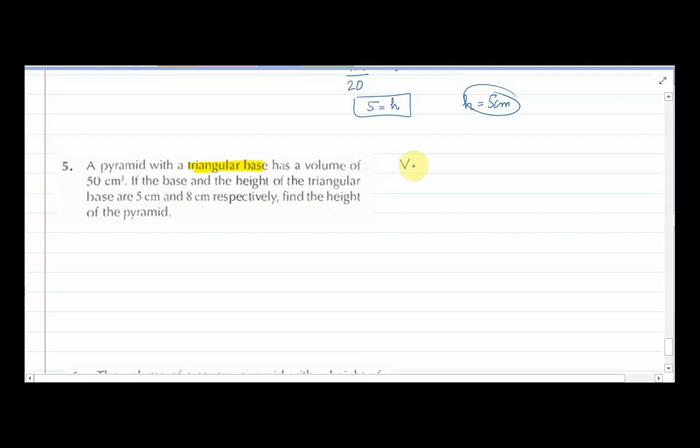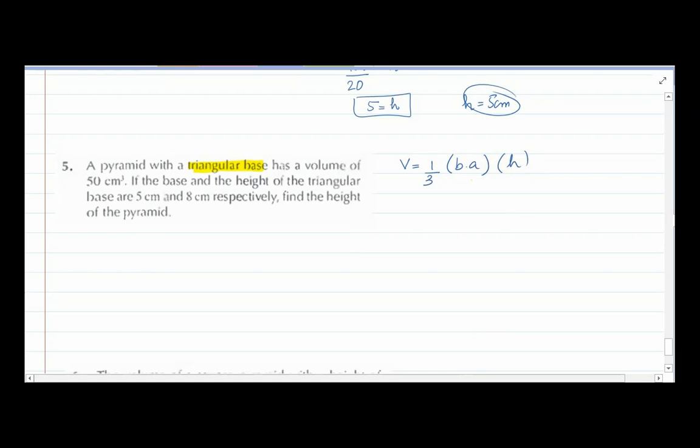Applying the working formula of volume of pyramid, it's 1/3, and you know the rest, right? Base area multiplied by height. Can you try and find out the value of the height of the pyramid?